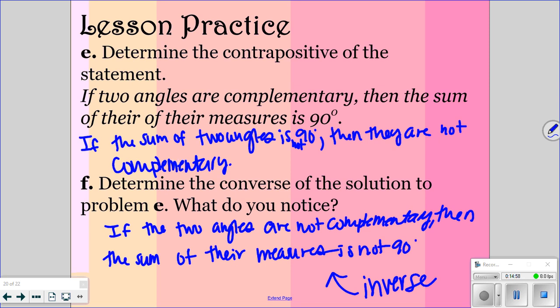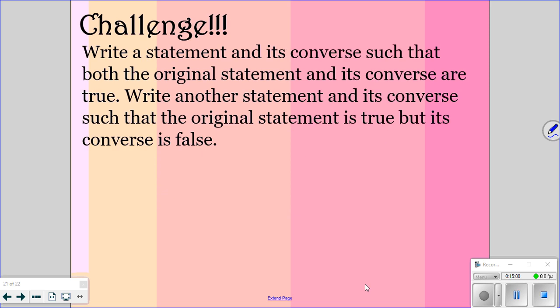Okay, so now we're going to look at our challenge question for today. So we want to write a statement and its converse such that both the original statement and the converse are true. And then write another statement and its converse such that the original statement is true, but the converse is false. So y'all try this one. There are a lot of different statements that you could make about anything.